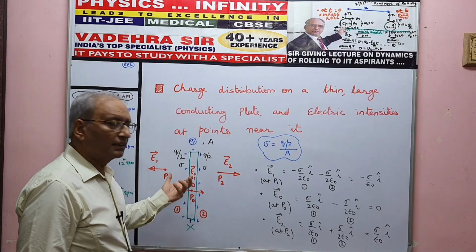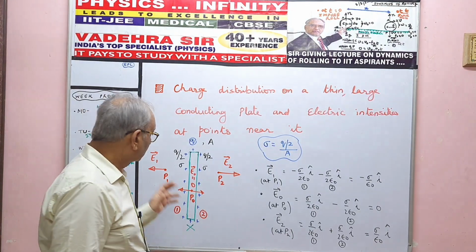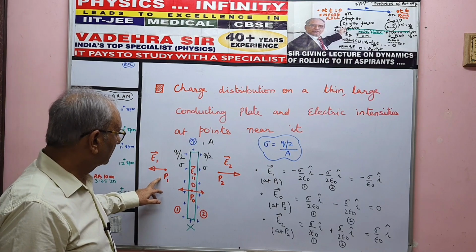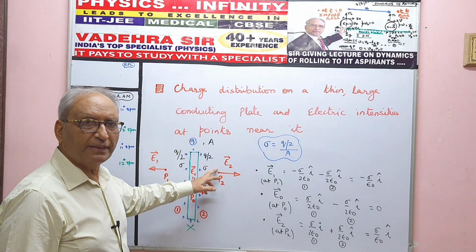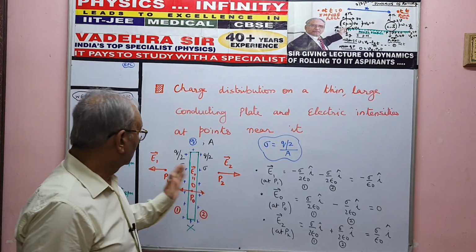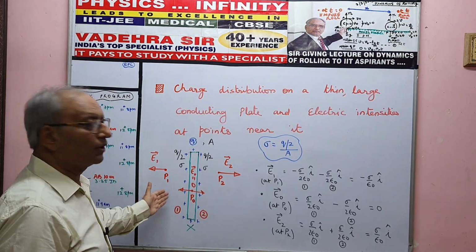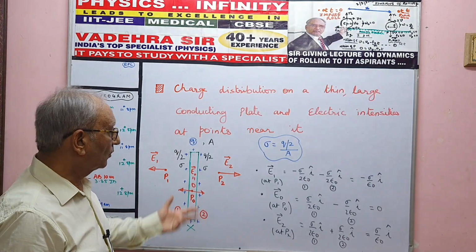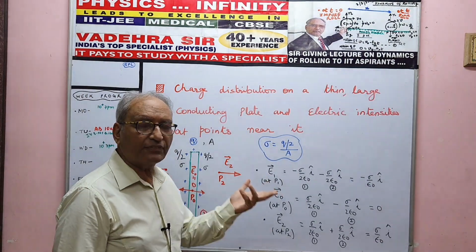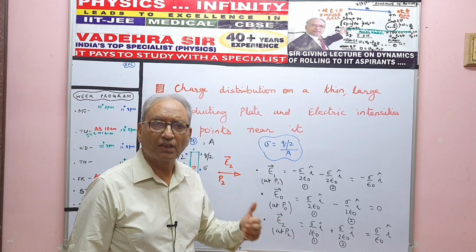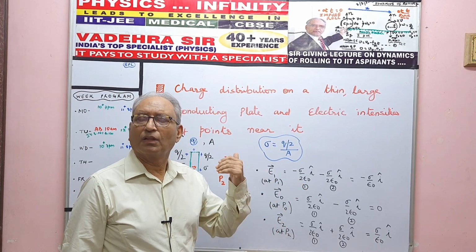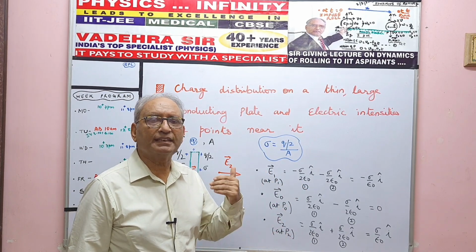Right. Now let us take the case of 3 points: P1, P0 and P2. P2 is to the right of face 2, and P1 is to the left of the face 1 circle. So each face is going to create a field that is sigma by 2 epsilon naught, away from it if sigma is plus, and towards it if sigma is minus.